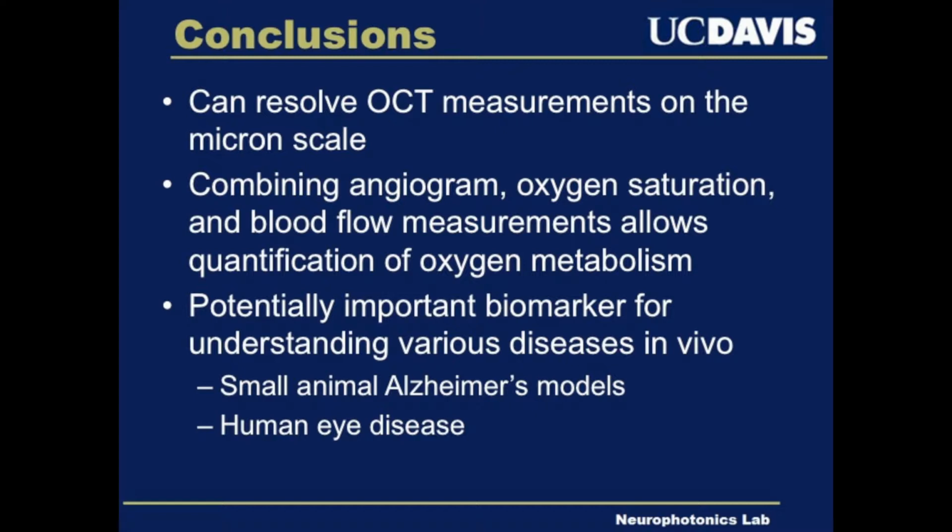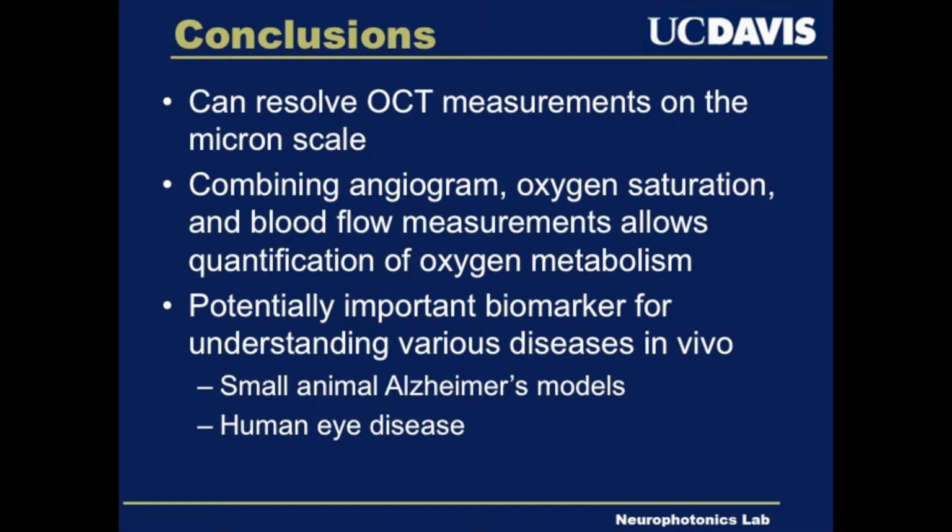And using all of these combined, we can quantify the amount of oxygen metabolized in any region of tissue. And obviously, this is an important biomarker for understanding a lot of diseases, and so it has quite a few applications.